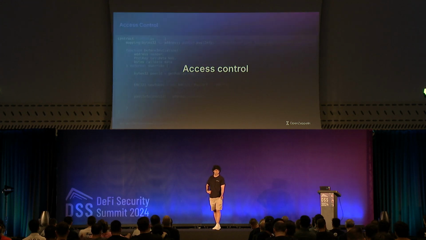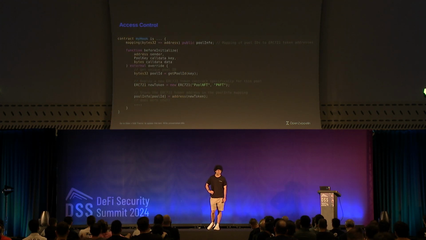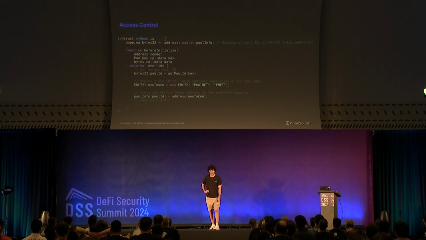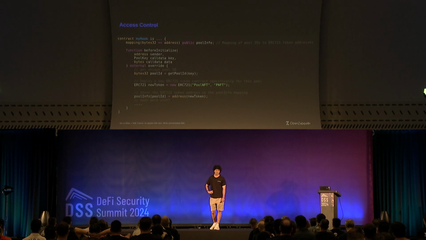Access control, second one. In this example, also implementing the before initialize function, we're doing exactly the same as before, deploying the ERC 721. As you see, this function and all the functions defined in a hook are public, and therefore external. Since they're external, anyone can call them.